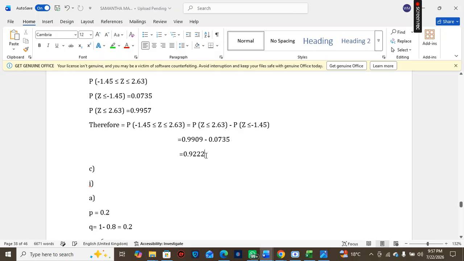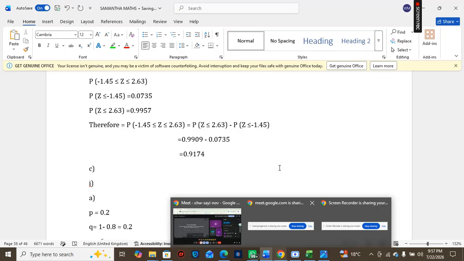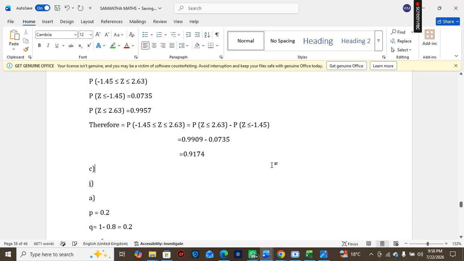You get 0.9174, or 91.74%. That's how you deal with whenever they ask you to find the area between two sides.